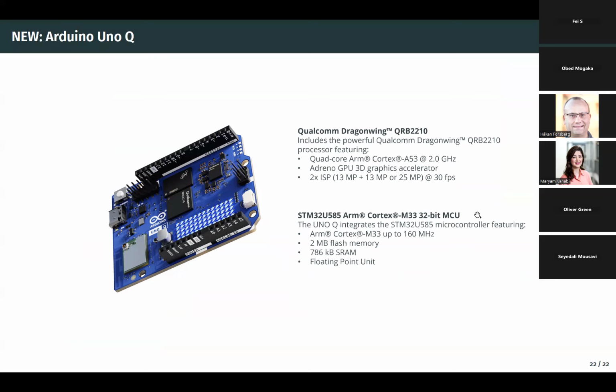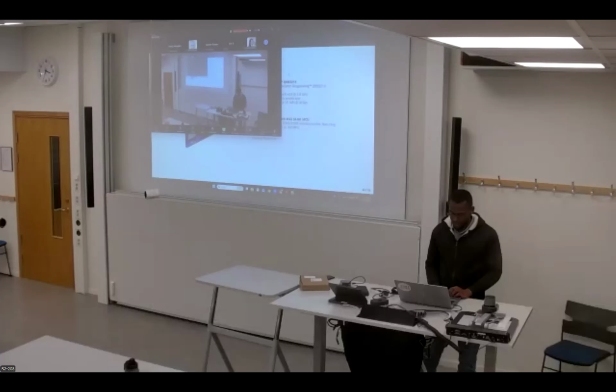This one is a bit more advanced than the previous one because it has more memory and even 3D graphics acceleration. But now I just wanted to show you that you can even set it up as a fully functioning Linux system. Let me share the screen.